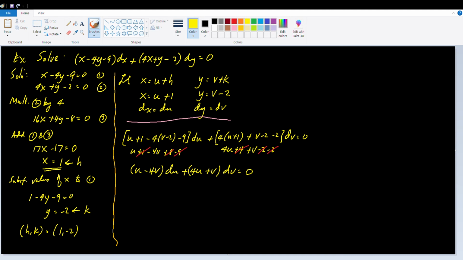So it will always be the case, no? x becomes u, y becomes v, dx is du, and dy is dv. The pure constants in the original equation, -9 and -2, vanish in the new equation involving u and v.